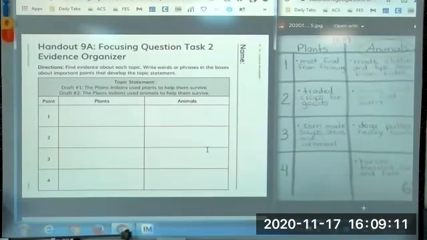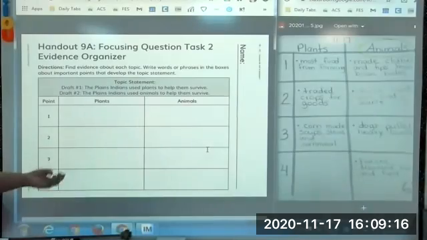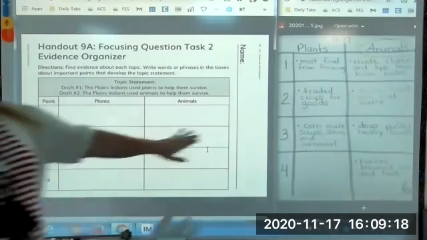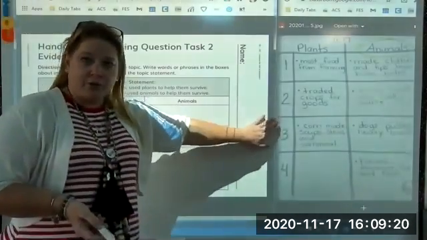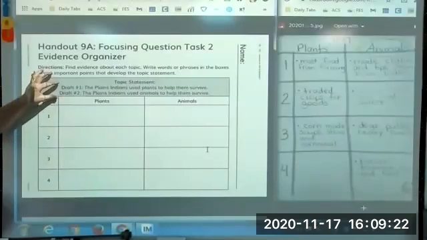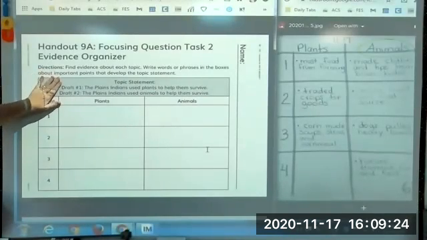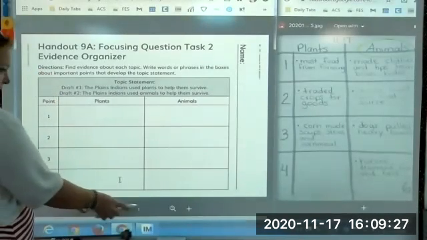Okay, so this is the page that Miss Sabella used in the video yesterday. And then we made a chart in our journal to look the same. So the topic statements were already provided for us. They are right here.